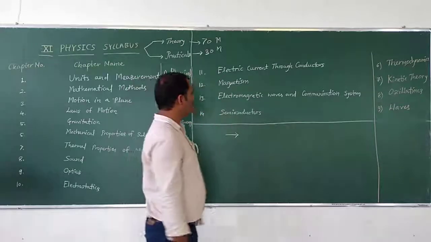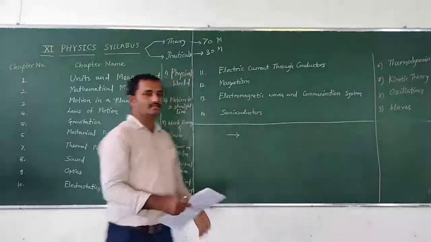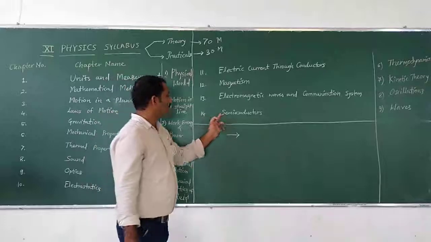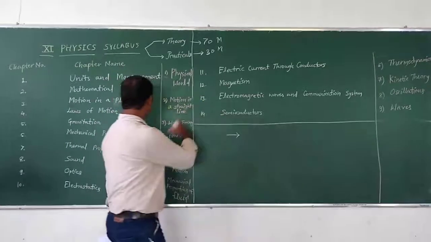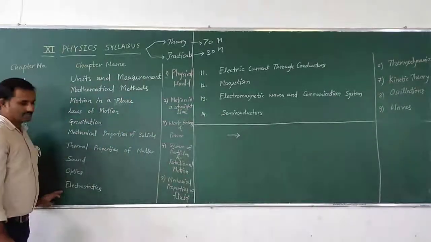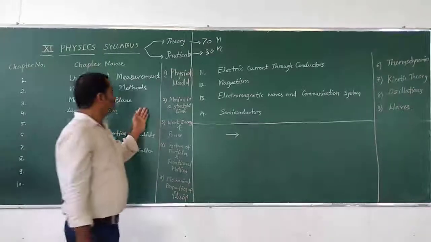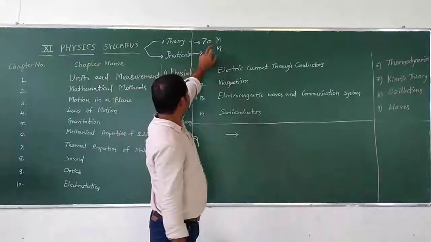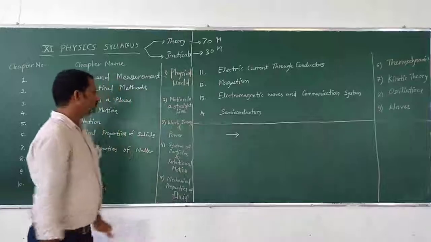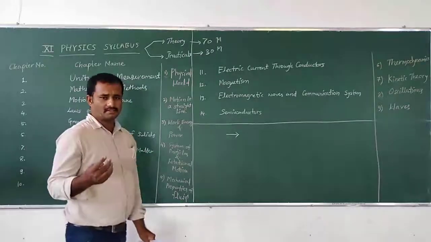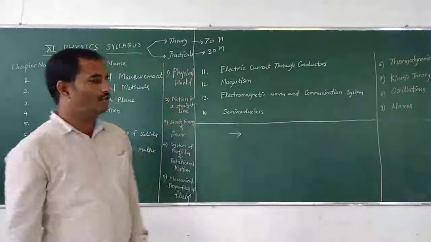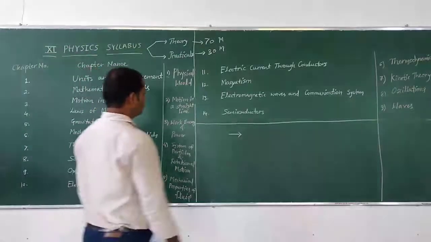The 13th is electromagnetic waves and communication system and semiconductors. So this entire 14 chapters have 70 marks for theory and 30 marks for practical. Practicals we will see afterwards.